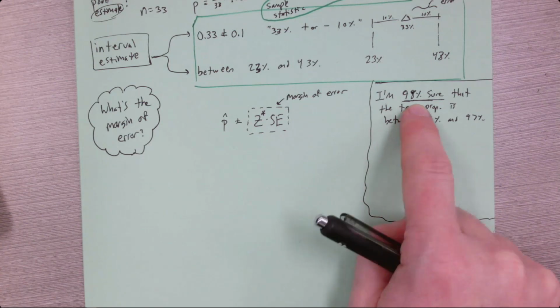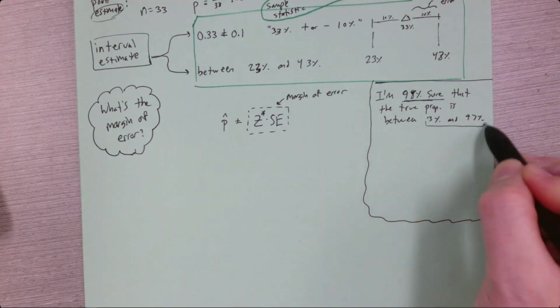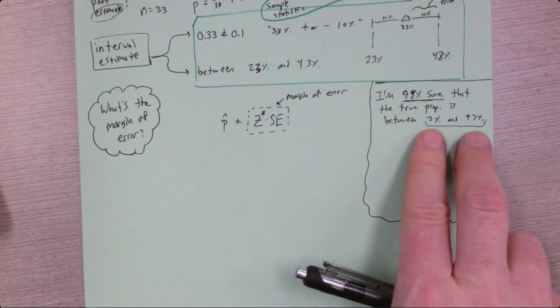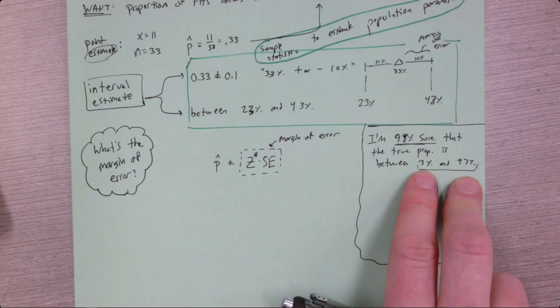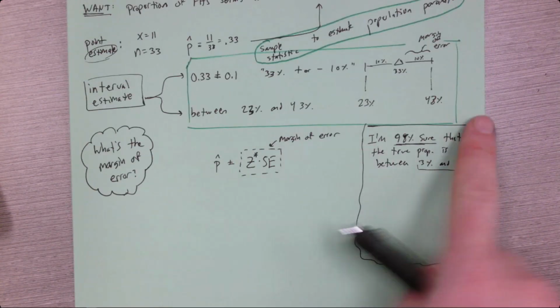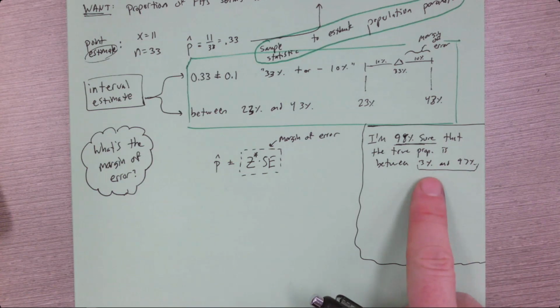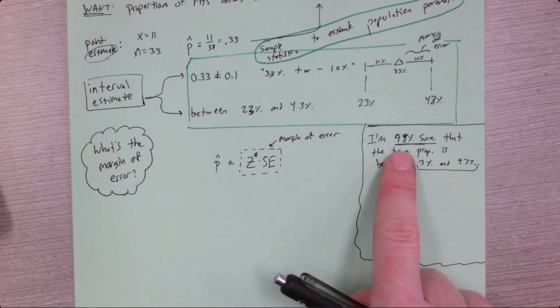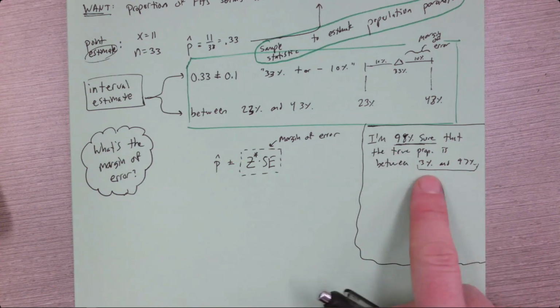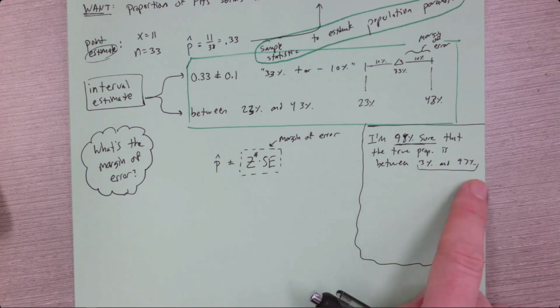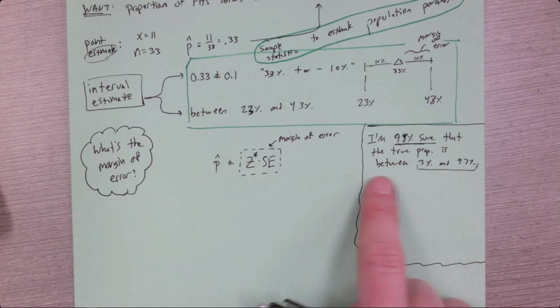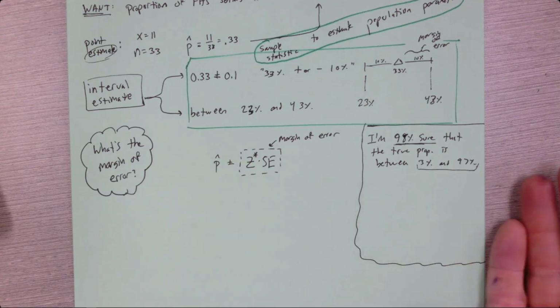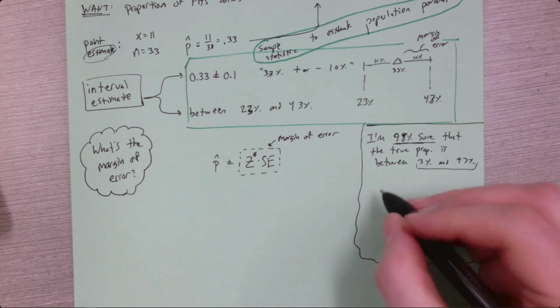How can I possibly be so certain? Well, it's because my estimate is not very precise. My estimate is between 3% and 97%. So yes, I am relatively sure that the true proportion is not 1% and it's not 98%. But this isn't really saying very much. This isn't very helpful. Let's think about the flip side.